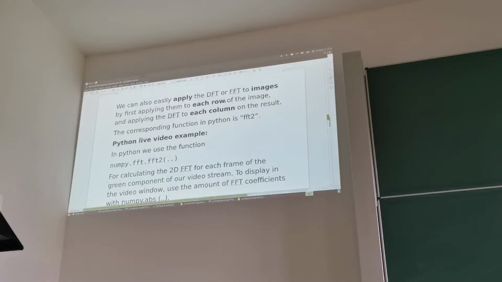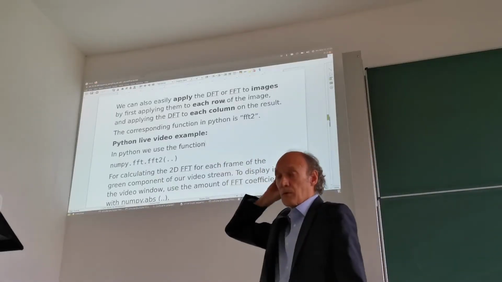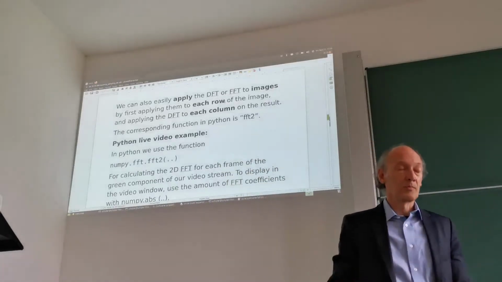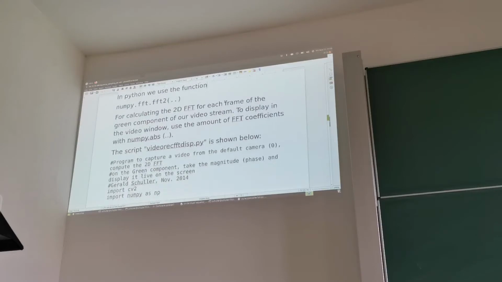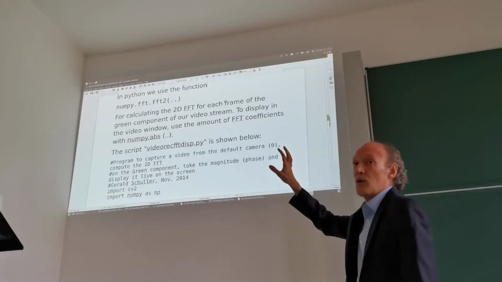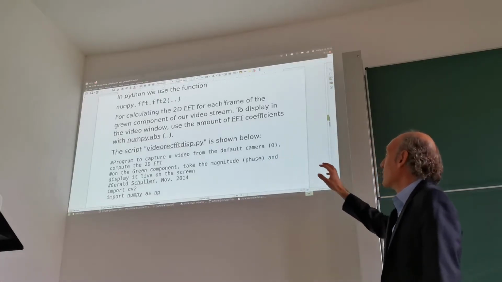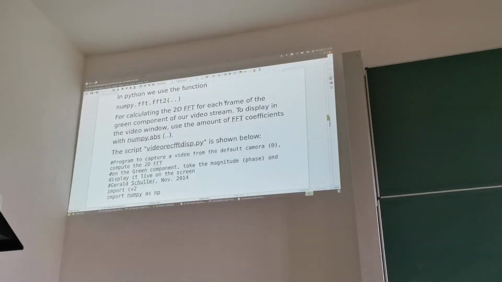There's actually a function in Python called FFT2, which does this for you. It's not very difficult, but there's a function which automatically does this. So we can calculate the 2D FFT for each frame, for instance, of the green component of our videos, just as an example.